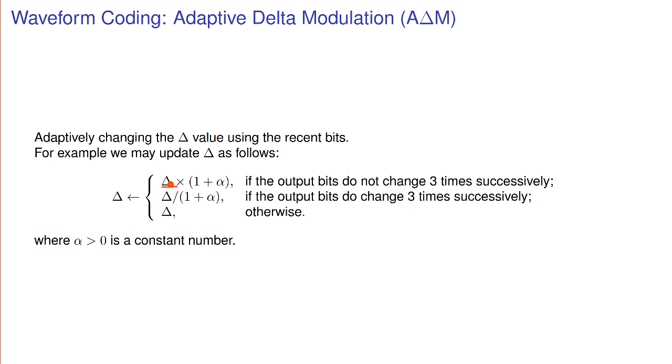Or if your output bits change 3 times successively, you could reduce it. And if neither of these two applies, you could keep it constant. The receiver has the same bits, so the receiver can also update delta with the same rule, follow the same protocol, and track the signal.